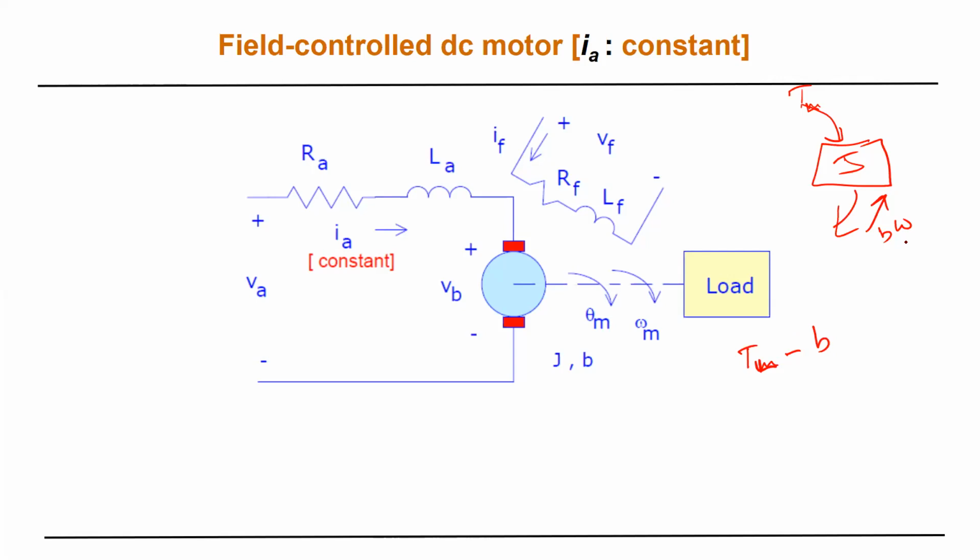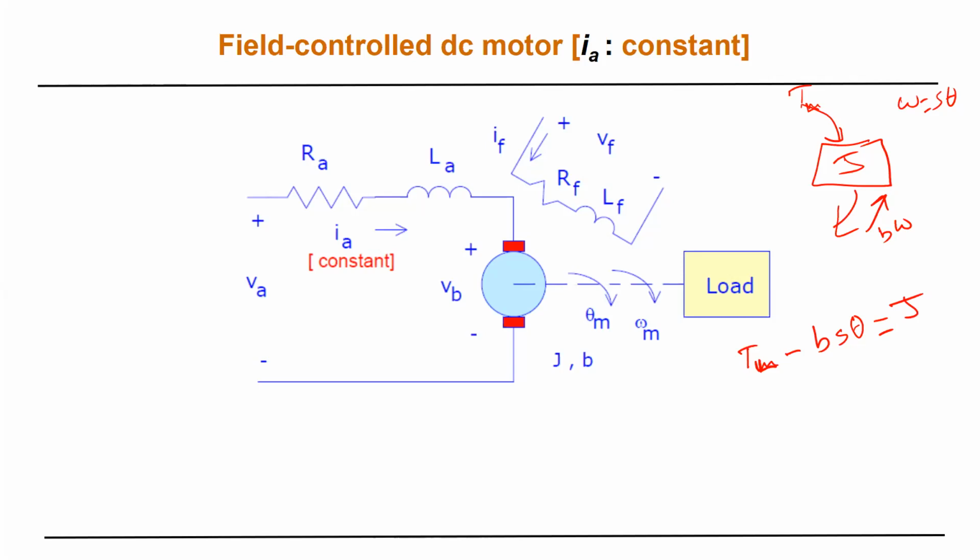But what's omega in terms of theta? Omega equals S theta, the derivative of theta. So it's going to be B S theta. This must be equal to the moment of inertia times the angular acceleration. What is the angular acceleration in terms of theta?